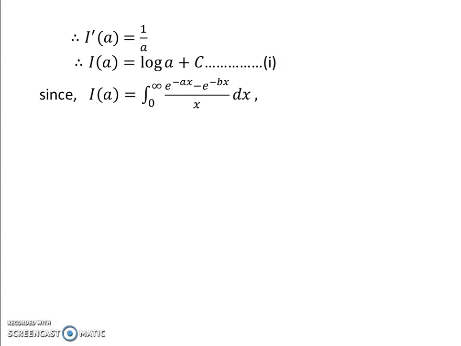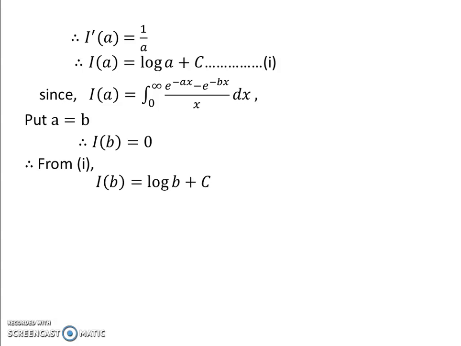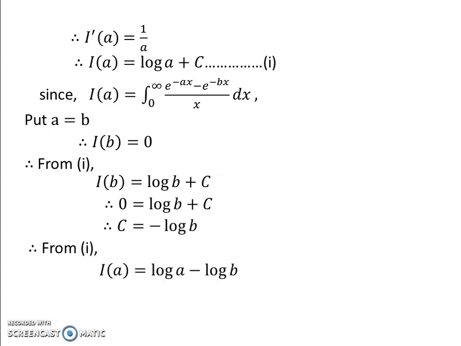So if we put a equal to b, integration becomes 0. Therefore, I of b equal to 0. So from equation number 1, I of b will be log b plus c. Therefore, c is equal to minus log b. So if we replace this value, we get log a minus log b. Therefore, the value of integration will be log of a upon b.